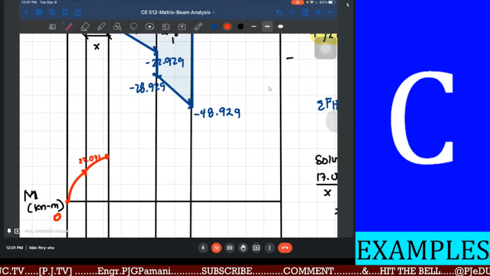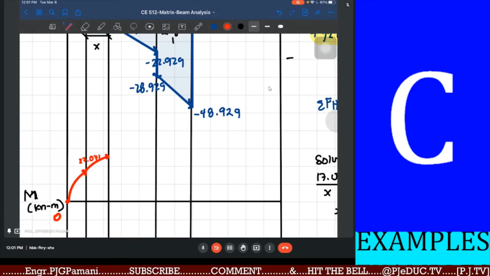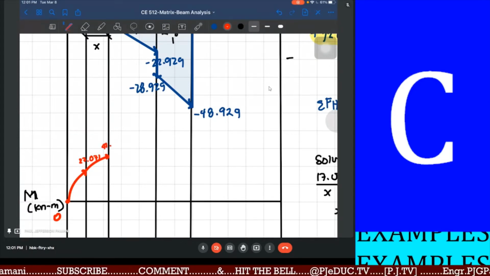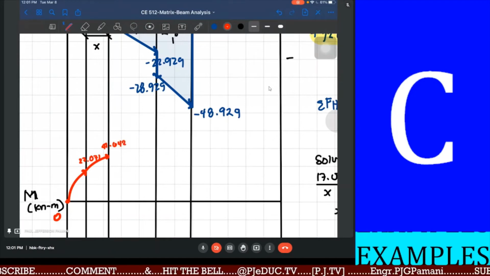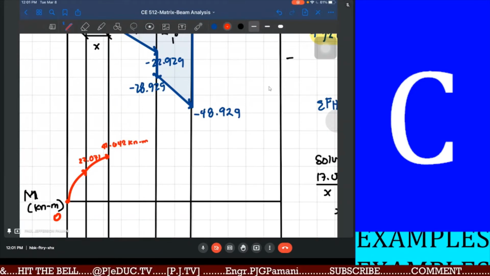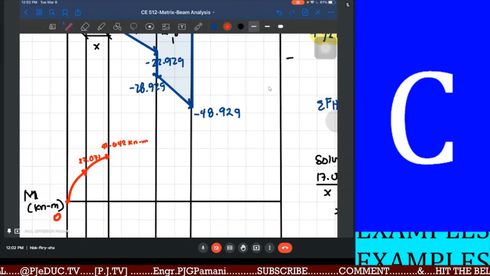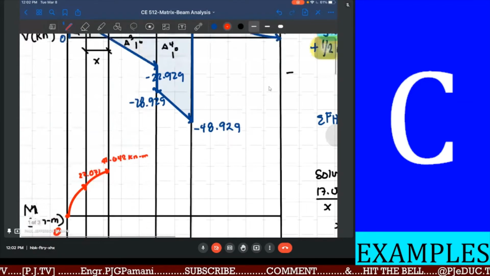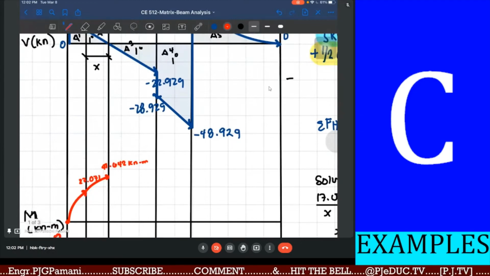Yan, exaggerated lang yung figure. So, that is 41.642 kilonewton meter. Pero hindi ko na i-convert yung nasa calculator para dire-diretso.